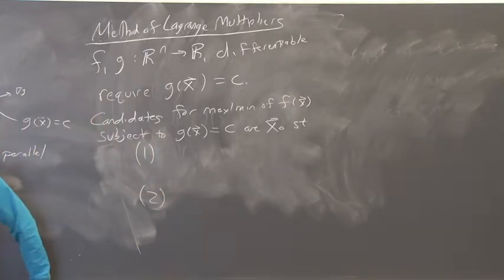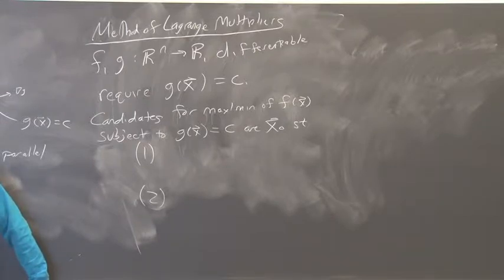One of them is almost a no-brainer. It's staring at us right now. We're trying to maximize f subject to g of x equals c. So if x naught is a candidate, you know something about x naught. What's the thing you know must be true? So we're trying to maximize f subject to our point must satisfy g of x equals c.